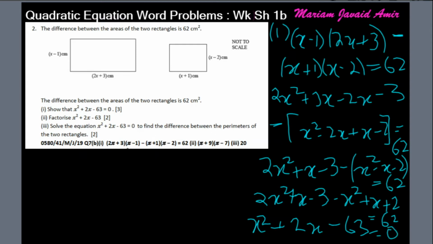Part 2. Factorize this equation. So for that we simply apply middle term breaking. Multiplication should give us minus 63, addition should give us plus 2. So 63 is 9 times 7, so 9 times minus 7 and 9 minus 7.